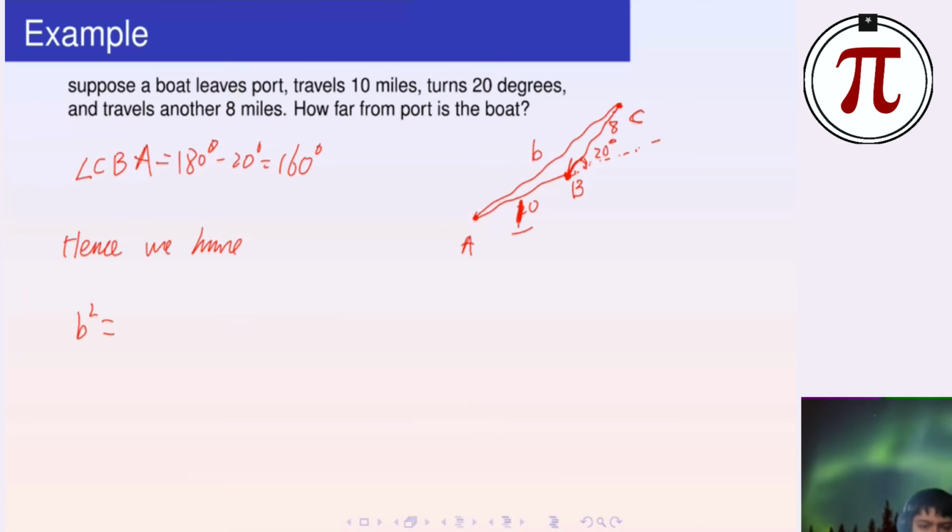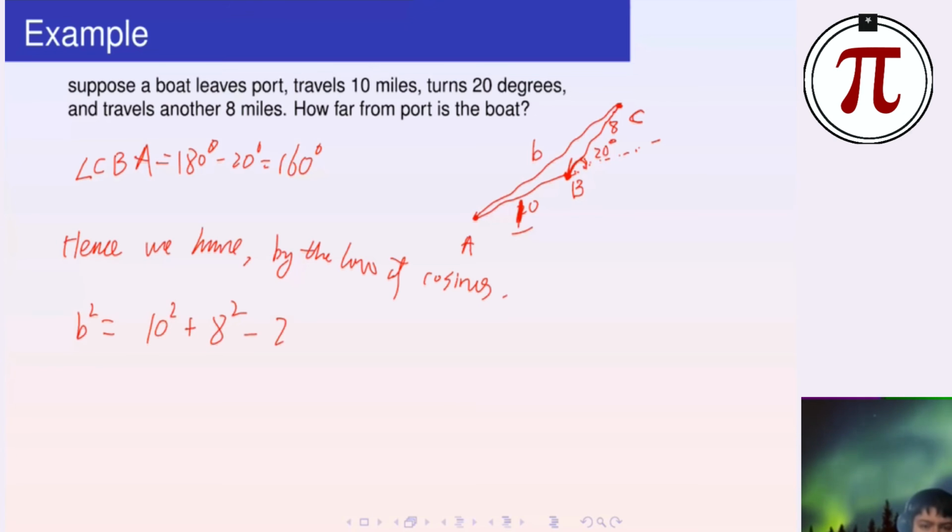Using the law of cosines, b squared equals 10 squared plus 8 squared minus 2 times 10 times 8 times cosine of what? 160 degrees, right? So what is this?